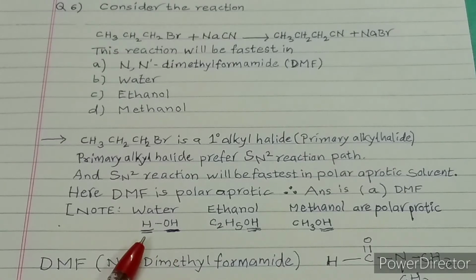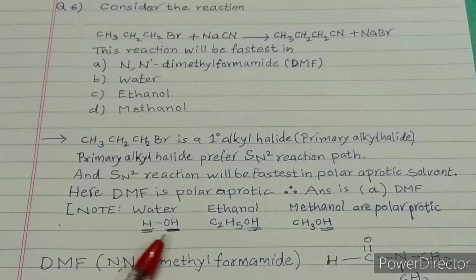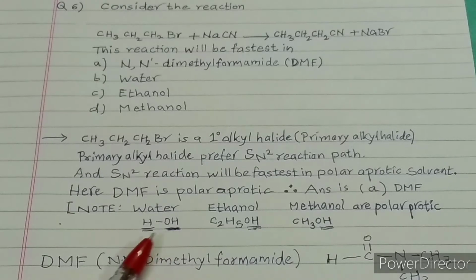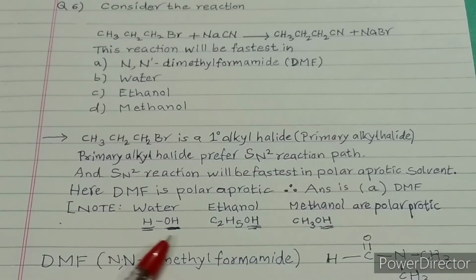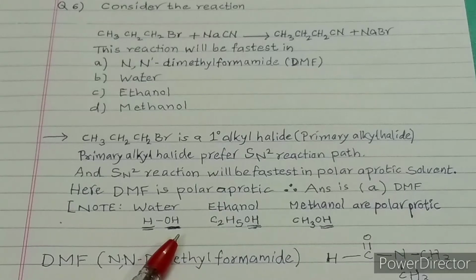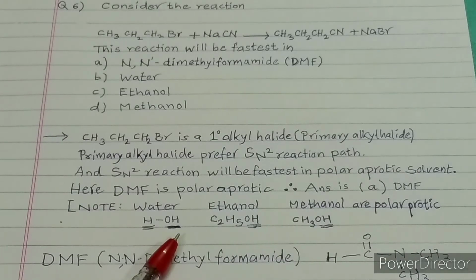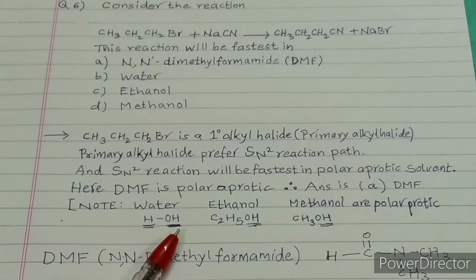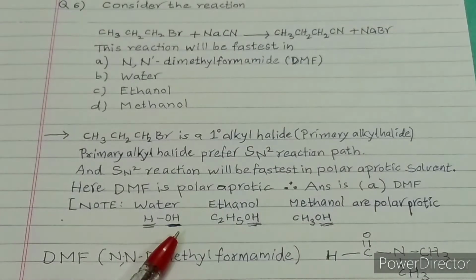For example, water contains an OH group, therefore it is polar. Polar means it has slightly positive and negative poles in the molecule, and because they have an OH group, they are also called protic. Therefore, these are polar protic solvents.